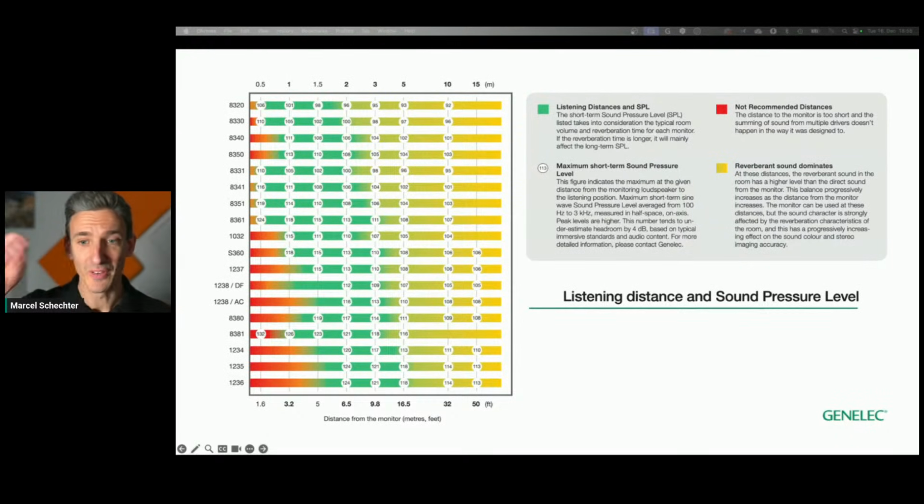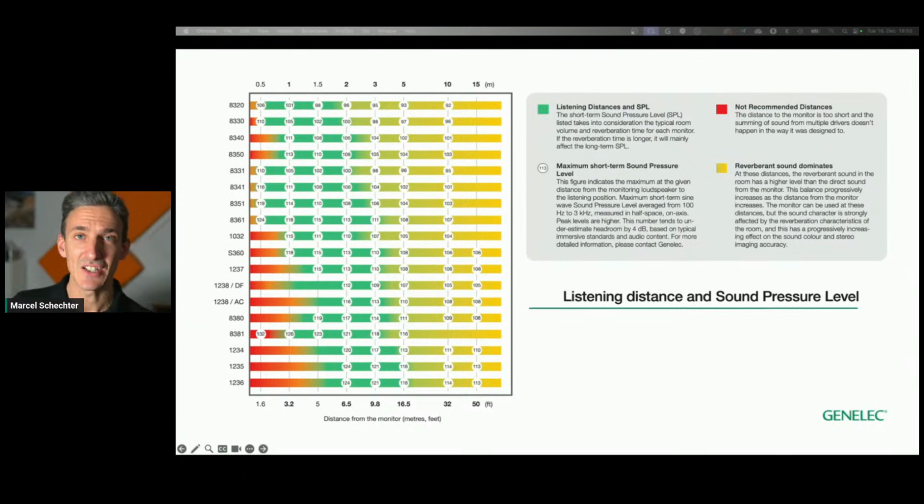And the same is true for this nice table I also just wanted to show you, which lists almost all of our models. And we have these not recommended distances. This is the red line or the red area on the left side, which sometimes caused some confusion. It's pretty easy to understand.